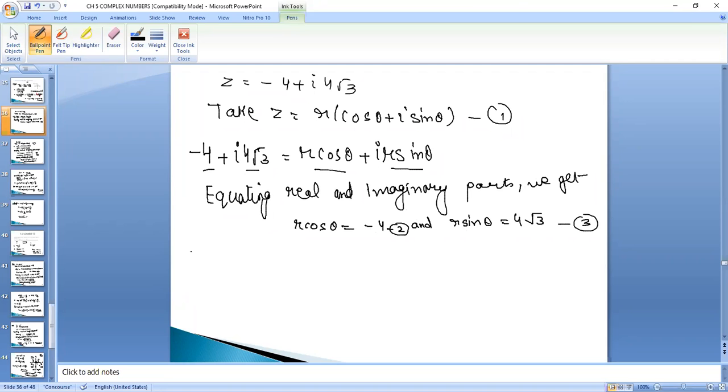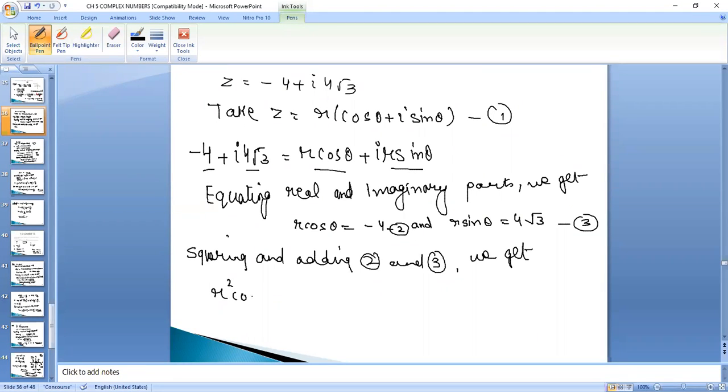Okay. Now squaring and adding 2 and 3. So what we will get?